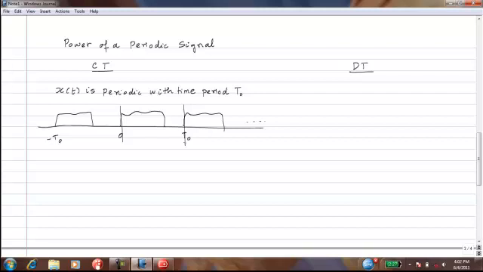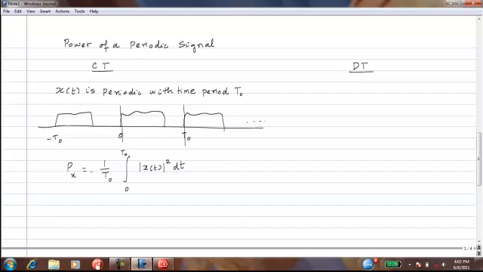So the power can be thought of as 1 over T naught times the integral from, let's say, 0 to T naught of the magnitude squared of this signal. Notice that you don't need any limit anymore, because the signal just repeats itself every T naught.